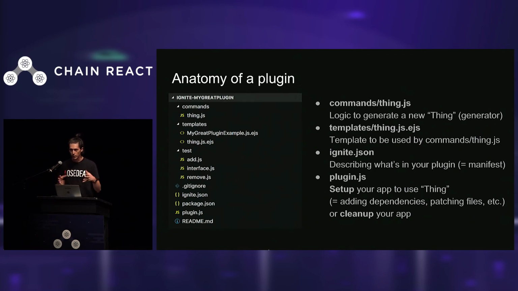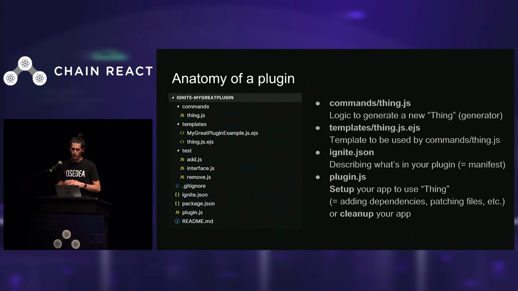They're basically React components with variables that you can use inside using EJS, so embedded JavaScript. It's cool because you don't have to learn a new language again. Ignite.json is kind of the manifest of your plugin. It's just going to say to an application that uses that plugin what's available, so what generators are available.